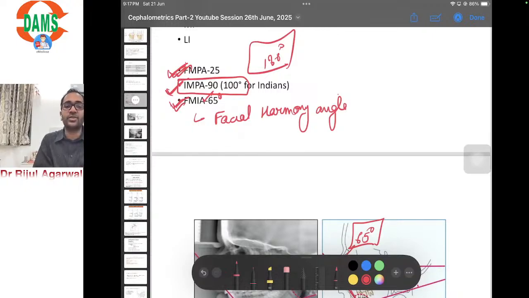FMIA you have fixed at 65 degrees, so you have to alter this IMPA. From this alteration of the IMPA came the concept of extracting teeth, so as to position the lower incisors favorably over the basal bone and achieve optimal facial aesthetics.